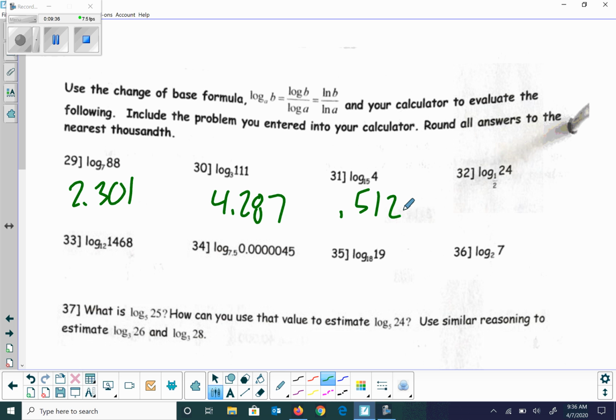Then 0.512. Then negative 4.585. And I'm just plugging these in quickly into my calculator. Zoom me if you need help on this, and I can totally help you.